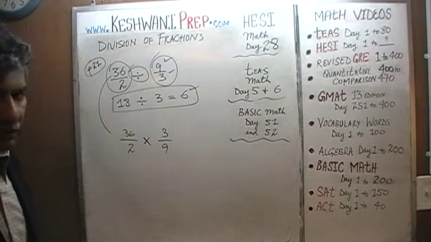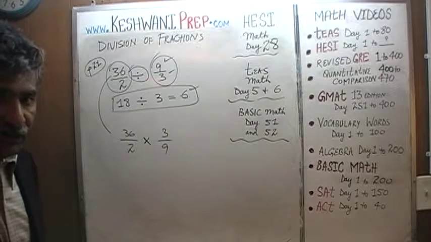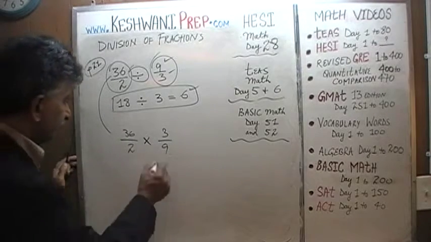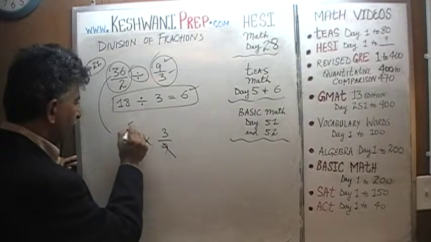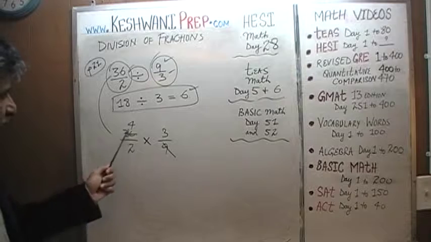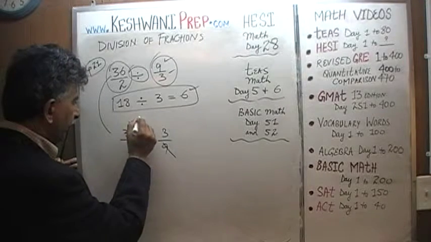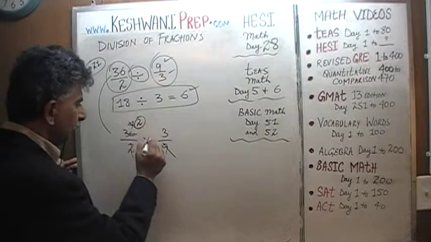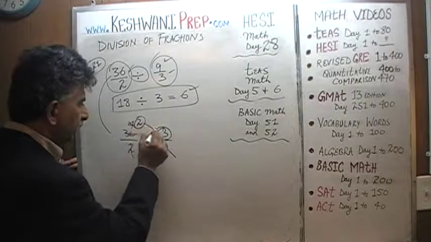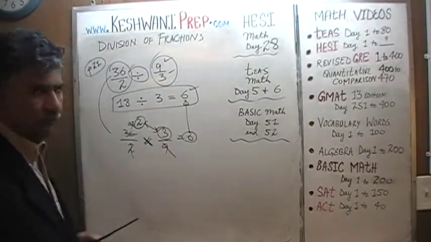Let's divide top and bottom by 9. 4 9s are 36. In other words, 36 divided by 9 is 4. We see 4 on the top, we see 2 on the bottom. Let's divide top and bottom by 2. 2 goes away and 4 becomes 2, and we end up with 2 times 3. 2 times 3, of course, is 6, which of course we knew all along.